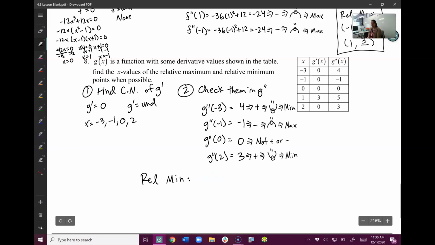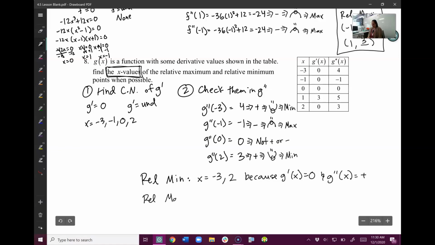It asks for the x values. So relative min at x equals -3 and +2 because g prime equals 0 and g double prime is positive.